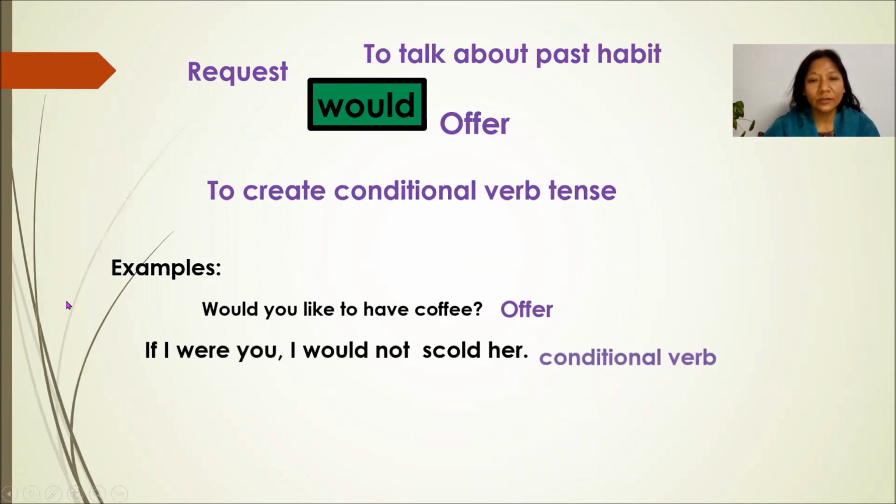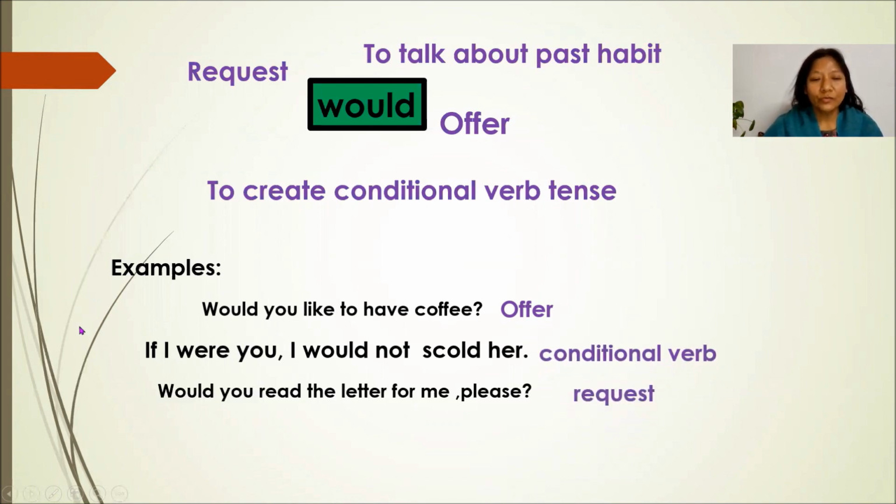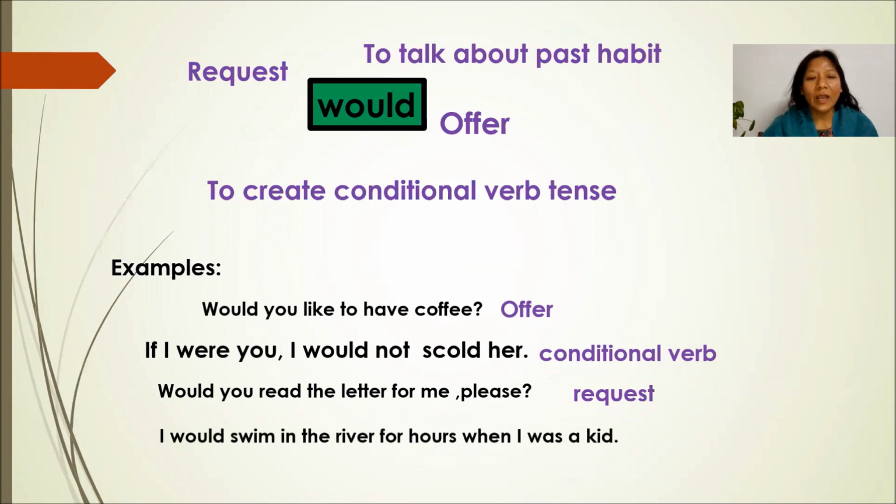This is conditional verb tense. If I were you, I would not scold her like that. Would you read the letter for me, please? This is request. Okay, you are requesting to read the letter. And I would swim in the river for hours when I was a kid. When I was a kid, I would swim. I used to swim. That means it was a past habit. Okay.